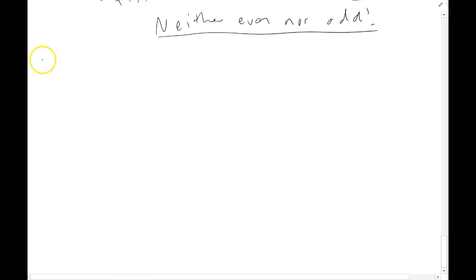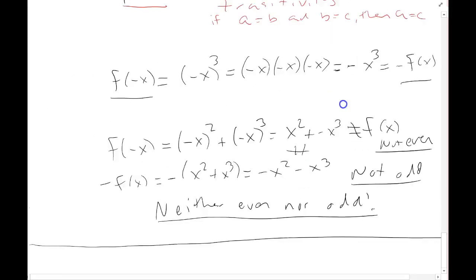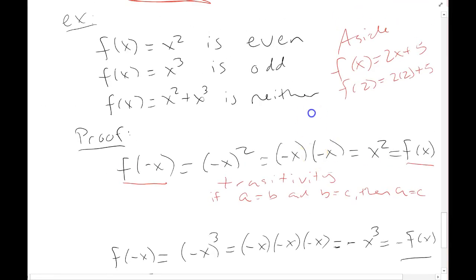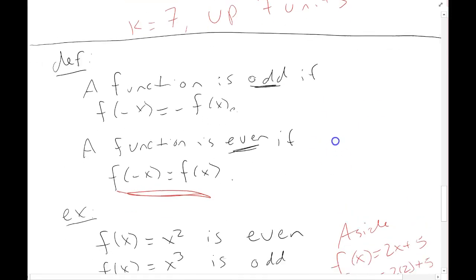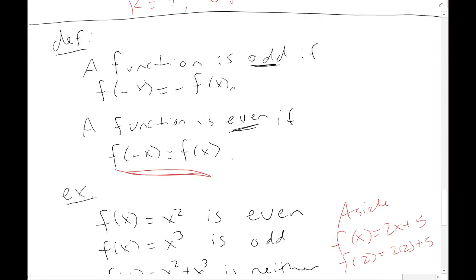The last topic, kind of wholly unrelated to what we did there. Well, I guess as an aside, why are we talking about odd and even here? Because odd and even are technically reflections. I don't want to go into it, but that's why it comes up in this section, because we can think about this as a reflection across the y-axis that is the same thing as a reflection across the x-axis.